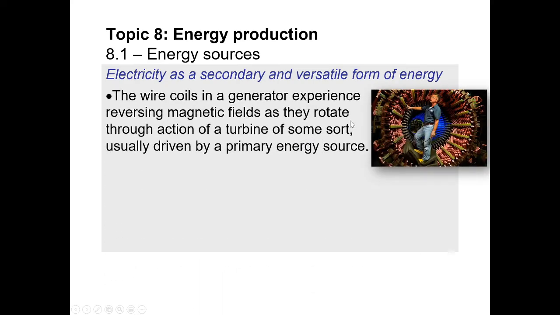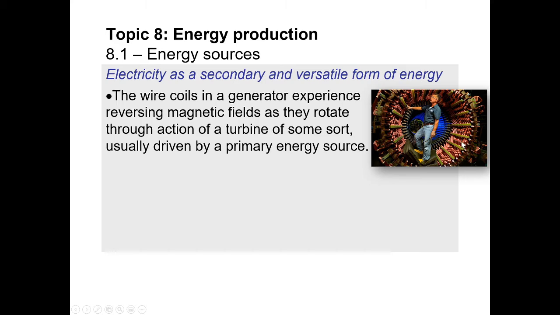In this picture, we've got a gentleman inside of a generator, and there are many, many electrical coils in that generator. Those coils spin, and when exposed to a magnetic field, the fact that they're moving through that magnetic field means that they're moving through different regions of that field with different line densities.